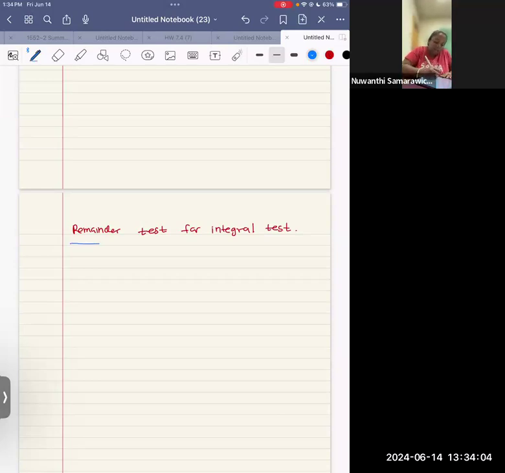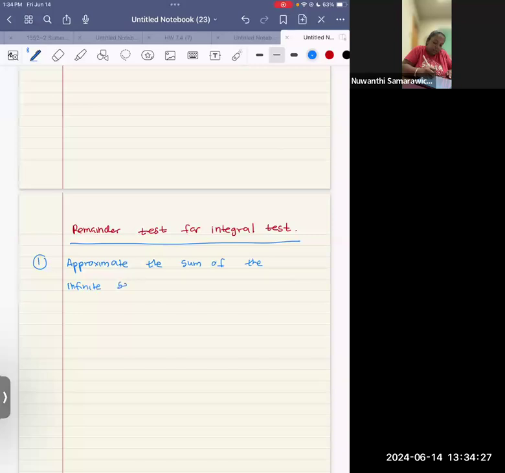To understand this, before giving the definition, I will give you a question where we use the remainder test. The first one is: approximate the sum of the infinite series 1 over n squared using the sum of the first 10 terms.